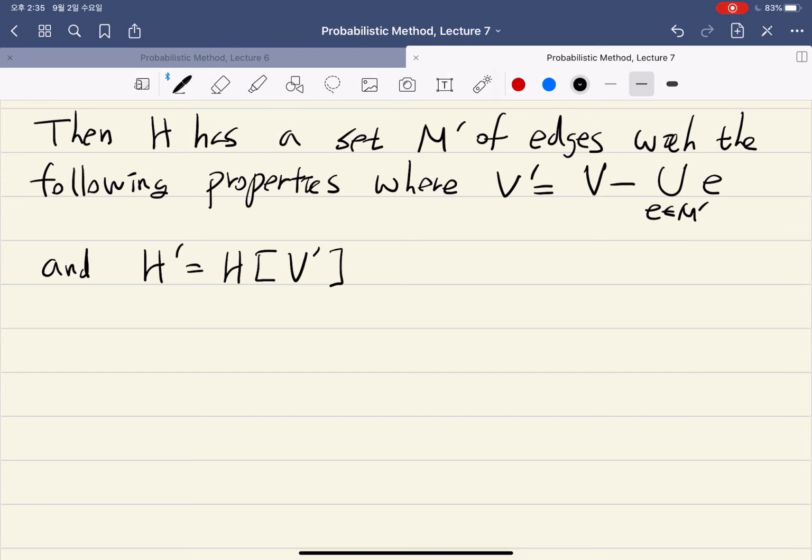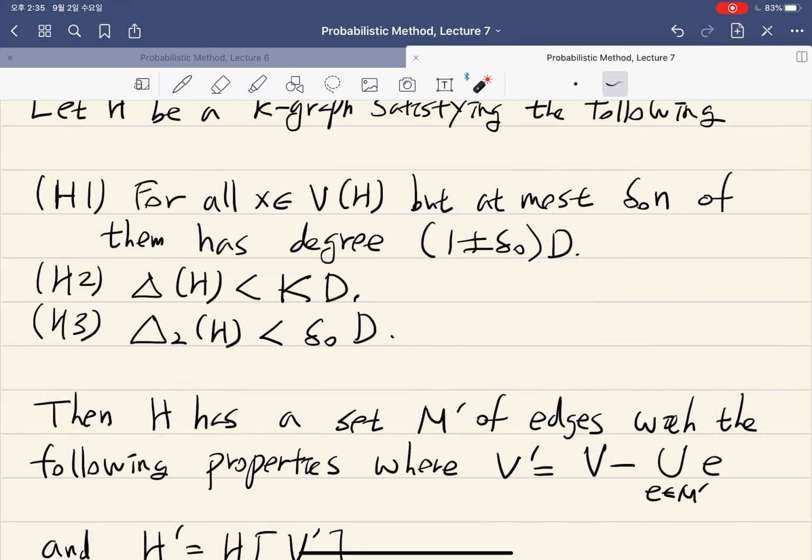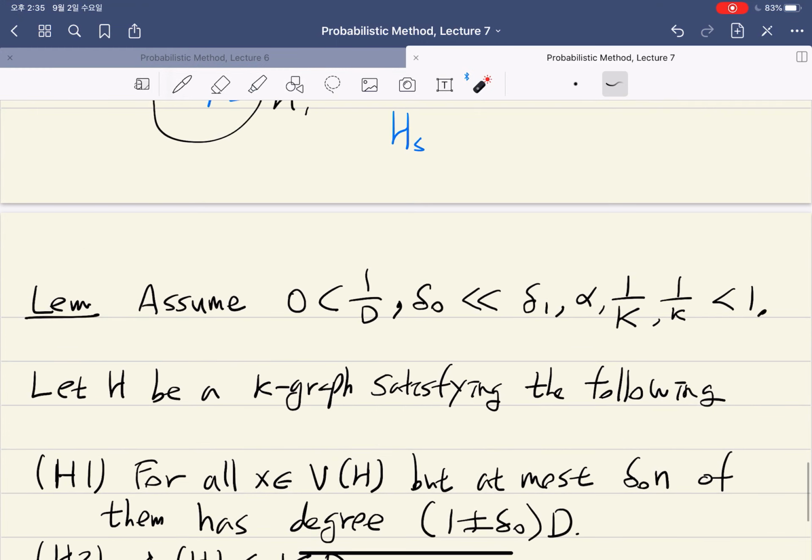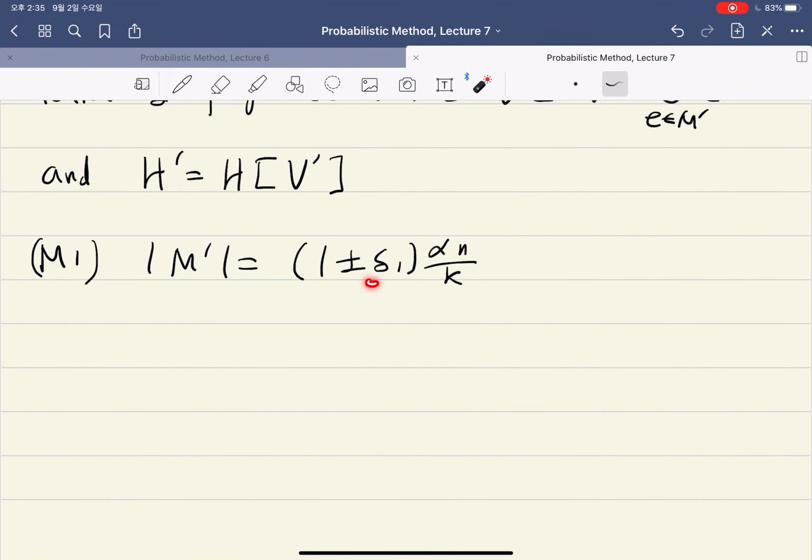What this has is, first, the size of this M prime is almost alpha n over k, but all the error terms were measured by delta 0, which is much smaller than delta 1, but now in the result the error term gets less good.